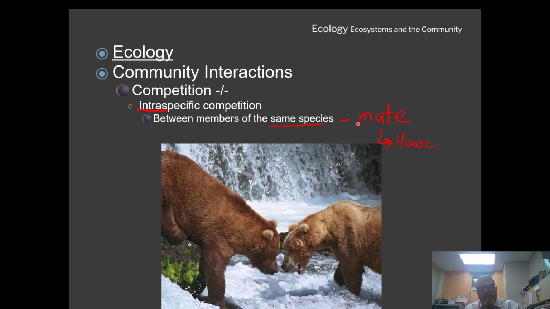But to get a mate, you need to have a place for your mate to be. So they could be competing over territory, or over a good food source. There's tons of things that could be competed over, but usually they're competing for a mate of some kind.